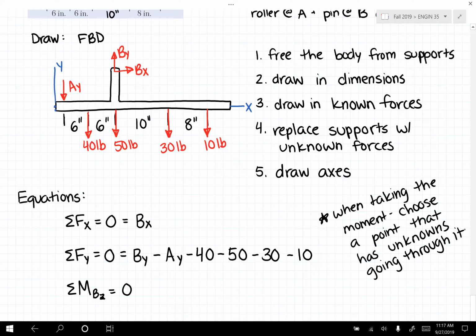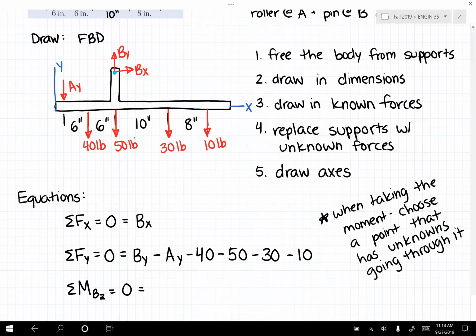That way we have fewer unknowns in our equation and we just have less algebra when we're solving. So when I'm solving for the moment about point B, which I'm just going to highlight, that point is this point here.